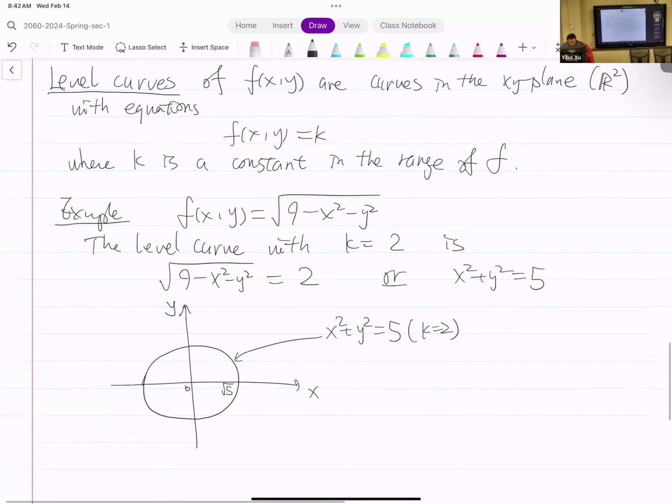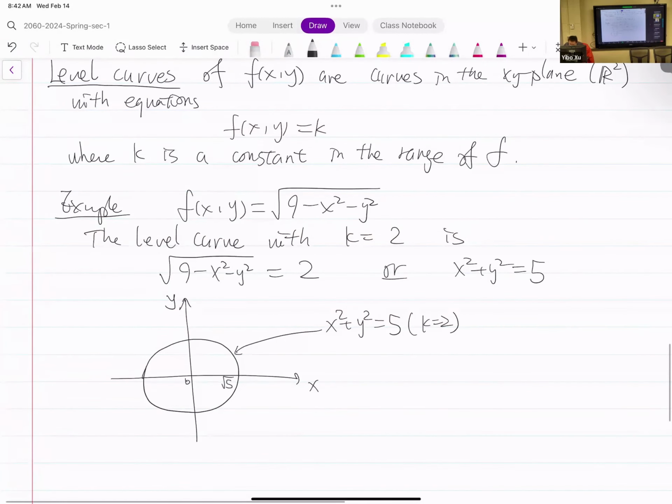And now, let's see what happens if we have k equal to 1. So if we have k equal to 1, let's quickly just sketch it. So if k equals 1, then x squared plus y squared has to be 8, right? So it's a little bit larger circle. Okay, square root of 8. Okay. So this is x squared plus y squared equals 8.